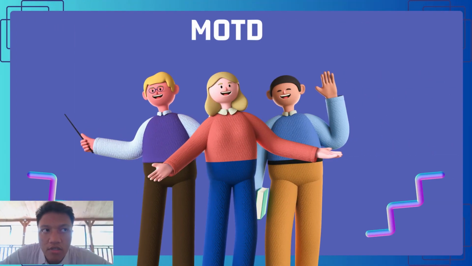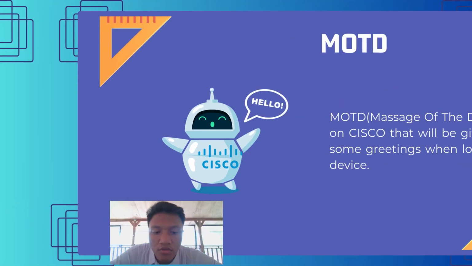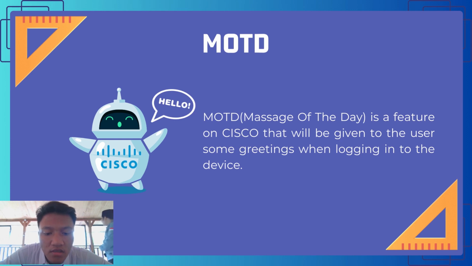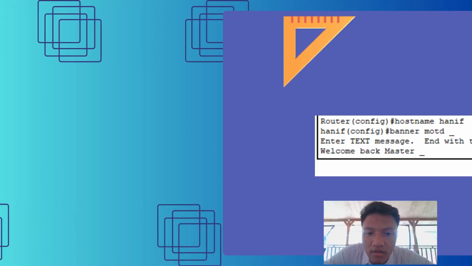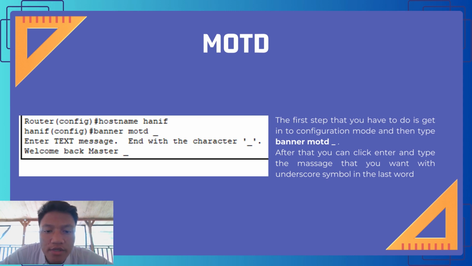Okay, for the next tutorial, that is the MOTD or message of the day tutorial. So what is MOTD? MOTD is message of the day. It's a feature on Cisco that gives the user some greetings when logging into the device. The first step that you have to do is get into the configuration mode like before.